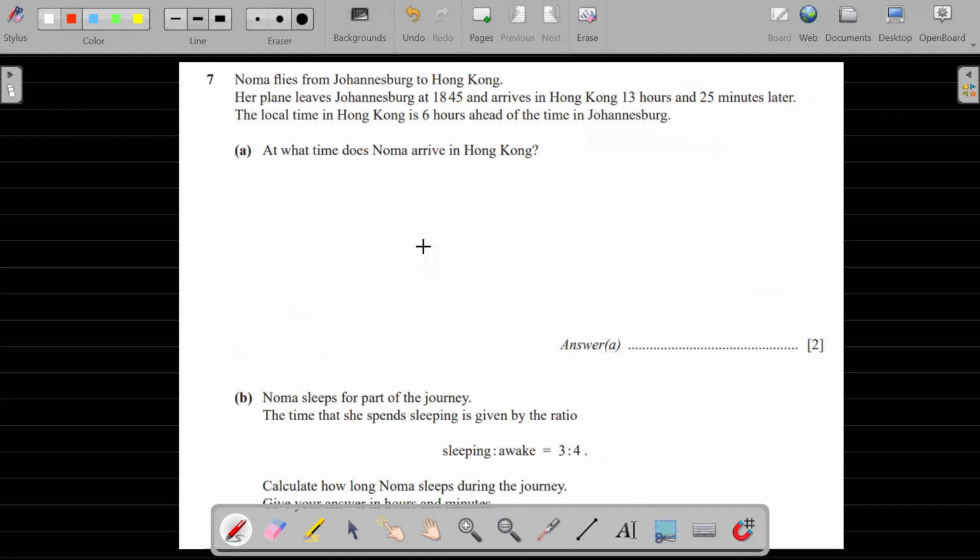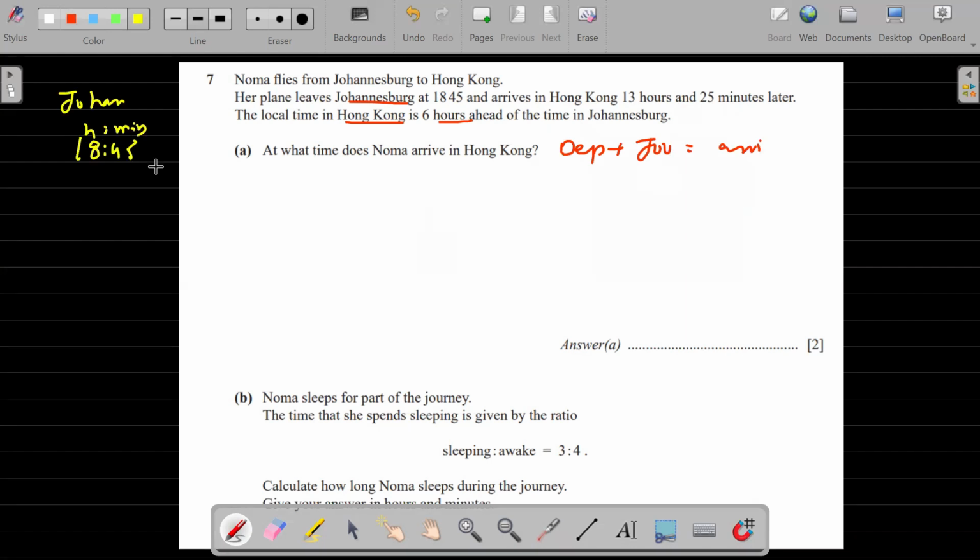So we are supposed to calculate the time for Hong Kong. Departure plus journey equals arrival time. So we need to calculate the arrival time. Hong Kong is 6 hours ahead of Johannesburg. If it leaves Johannesburg at 18:45, let's add 6 hours to it.